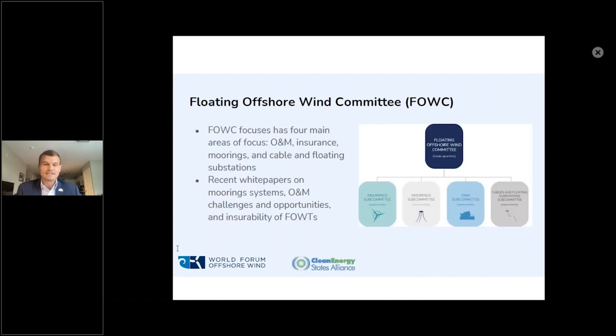So seeing this chart on the right-hand side, our Floating Offshore Wind Committee is a member-driven entity within the WFO where we really try to tackle some of those challenging and pressing issues that are facing the global floating offshore wind industry, and that is operations and maintenance, the insurability of these projects as well. Moorings are a big deal right now, as we're seeing off of California, and of course, cables and floating substations is a new one.